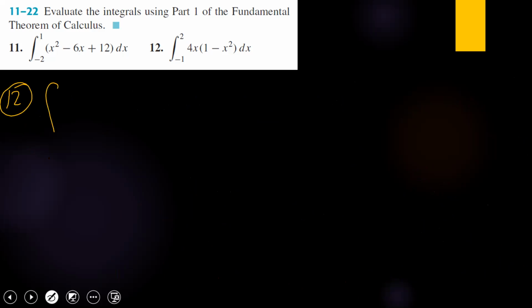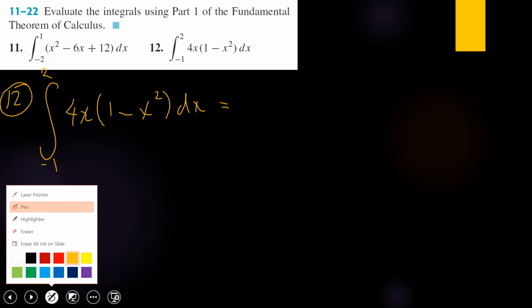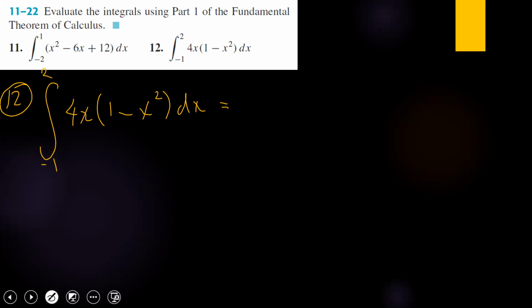In number 12 here, I want to integrate 4x times 1 minus x squared dx. As you see here, we have to simplify it first. I want to convert it to an expression that can be integrated by using the distributive property. So 4x times 1 will be 4x, minus 4x times x squared, it will be 4x cubed, from -1 to 2 dx.